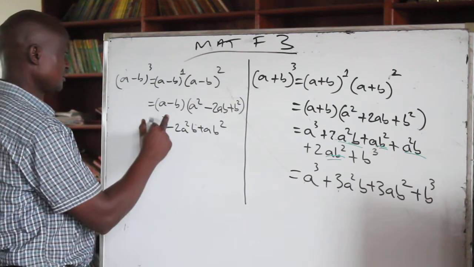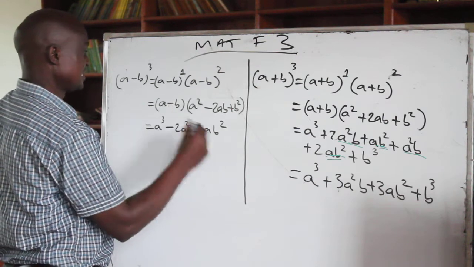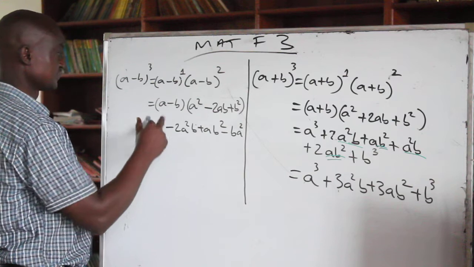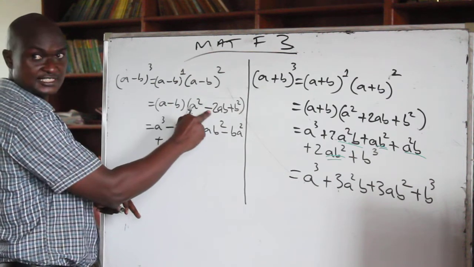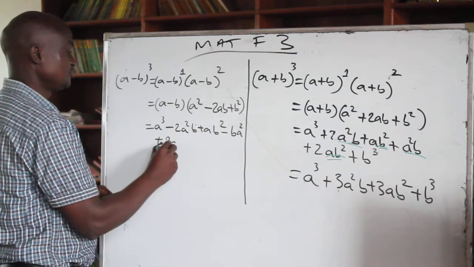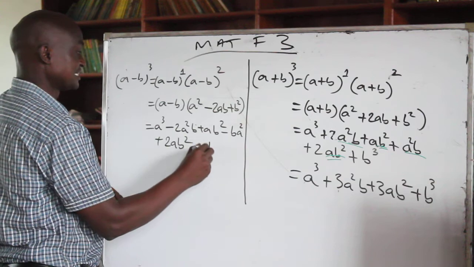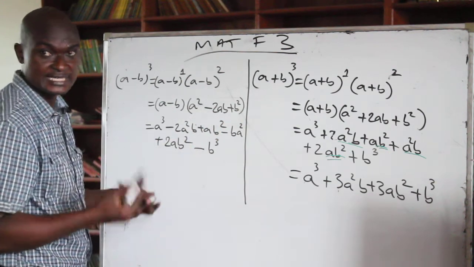Then this by this we'll have a minus b a squared. This by this will be plus, because we're making a negative and a negative, that gives you plus 2ab squared. This by this is minus b cubed, because negative times positive is negative.